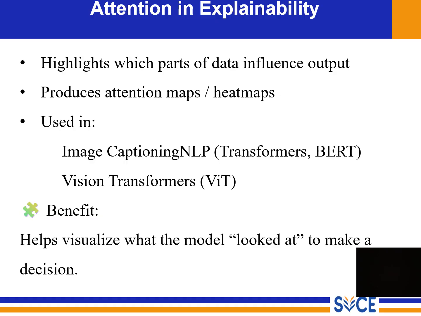Attention is heavily used in image captioning, like generating sentences for photos, in transformers and BERT for text understanding, and in vision transformers for image classification. So attention does not just make the model smarter, it makes it more explainable.